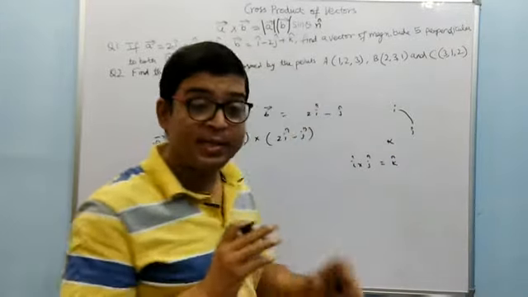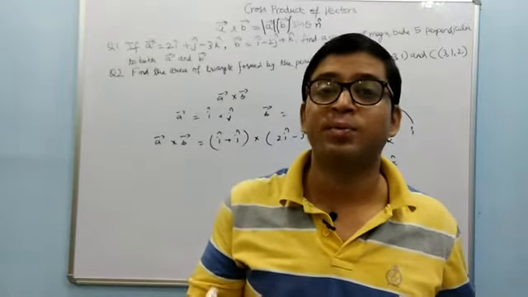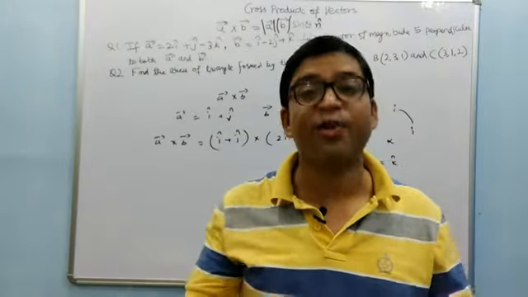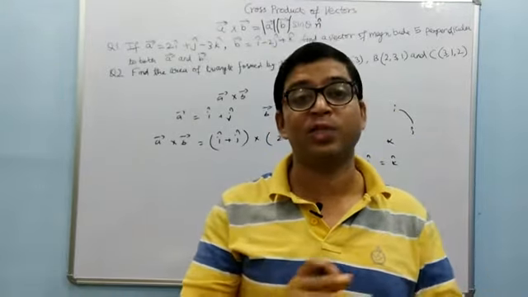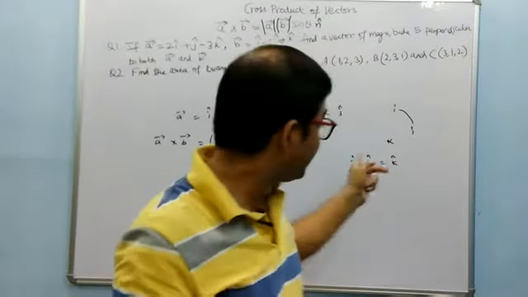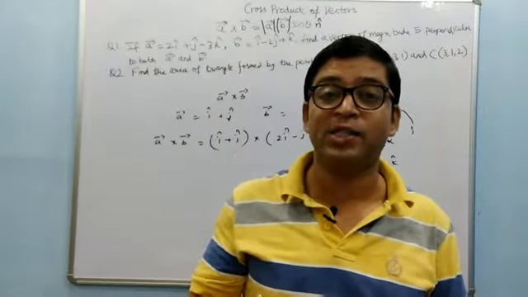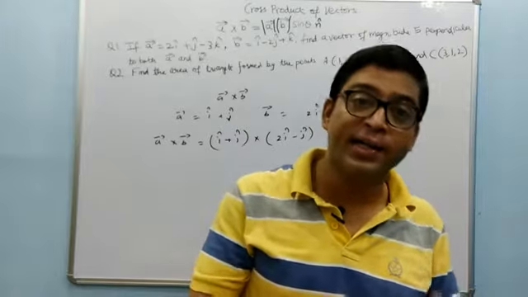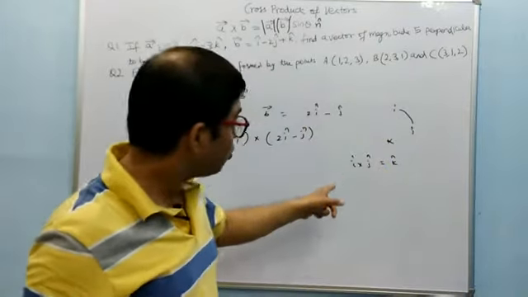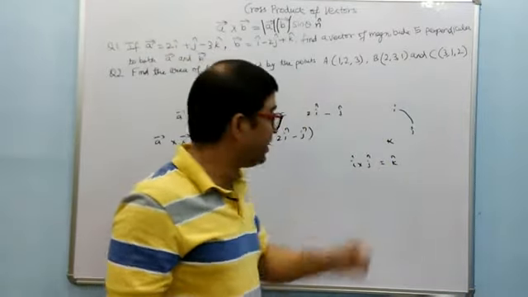As we have seen in the basic definition, the cross product is a third vector which is perpendicular to both. If we are taking x-axis vector and y-axis vector, of course the third vector is a z-axis vector. So i cross j is k.